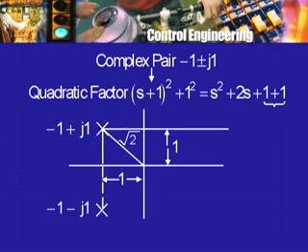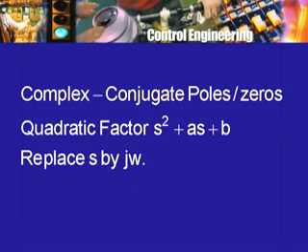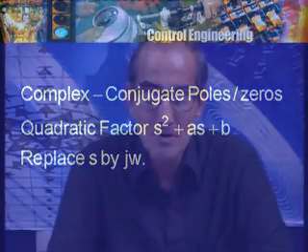So, the corner frequency in this case, if we have not written the expression in the form of a quadratic already, and we may not do it because we may just have the pole zero diagram, then it is not necessary to write it in the quadratic form. The distance of the complex pole or complex zero from the origin gives us the corner frequency.